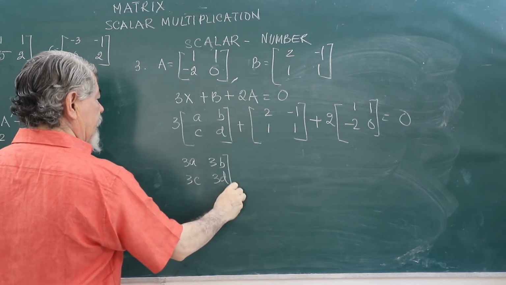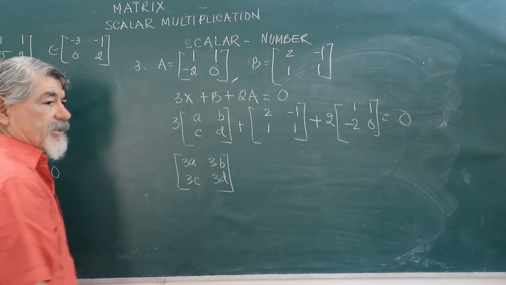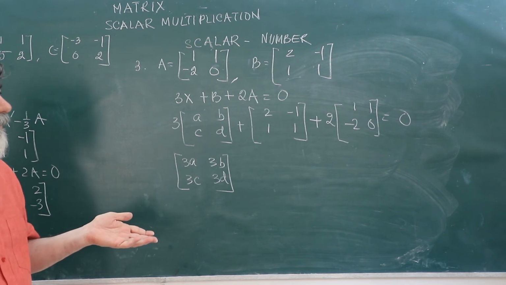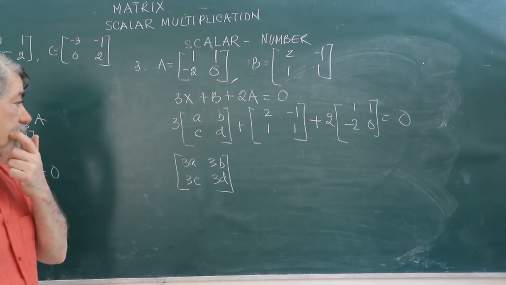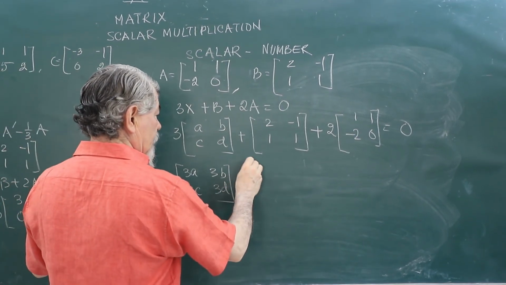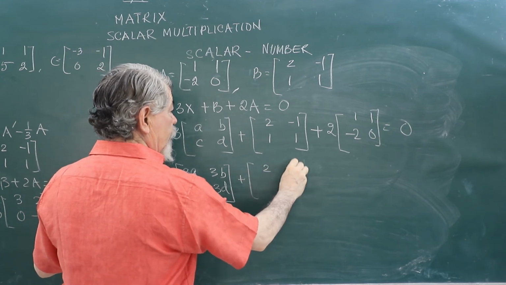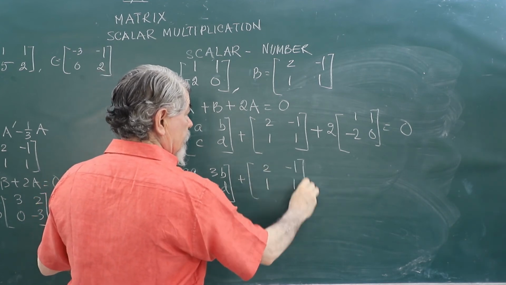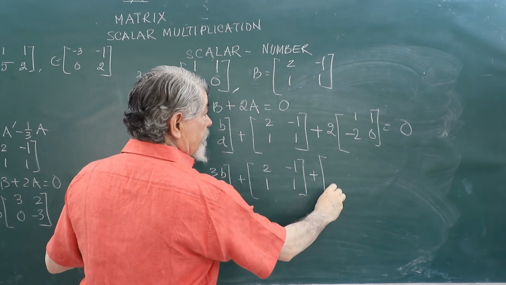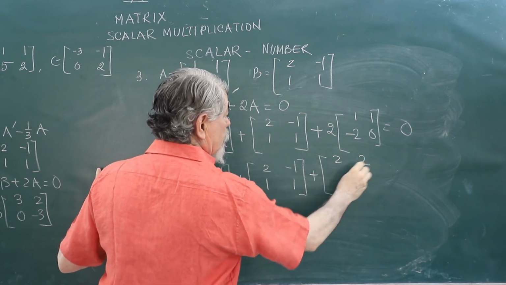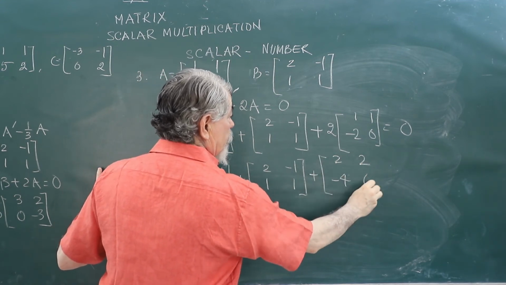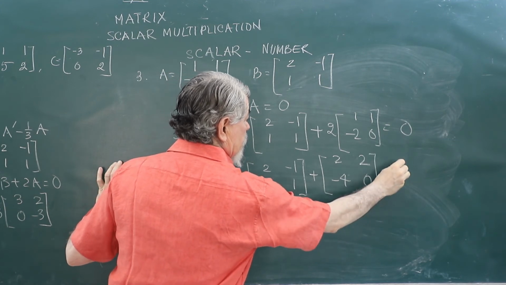We told you that if a matrix is multiplied by a scalar, then each element of the matrix is multiplied by the scalar. Plus [2, -1; 1, 1], and A is multiplied by 2: 2 times 2 is 4, 0, equals 0.